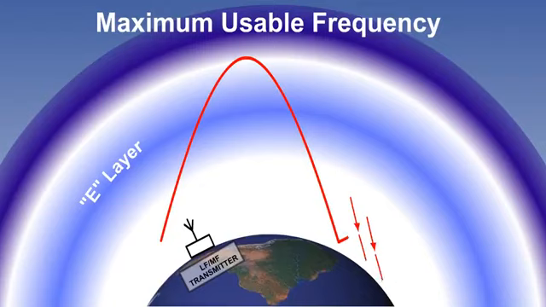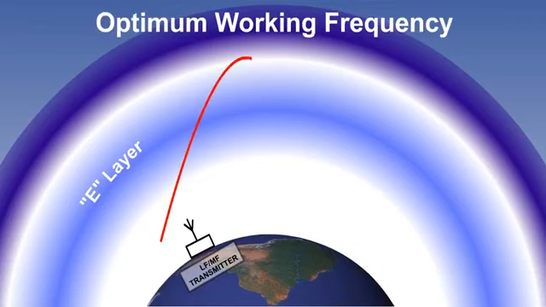Finding this frequency is a matter of trial and error, although ionospheric conditions can now be monitored and the MUF can be predicted. It is usually highest at noon, when ionization levels are at their highest. However, because of the inevitable ionospheric fluctuations, a compromise frequency is used, which is called the optimum working frequency.